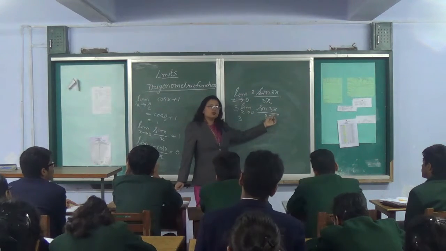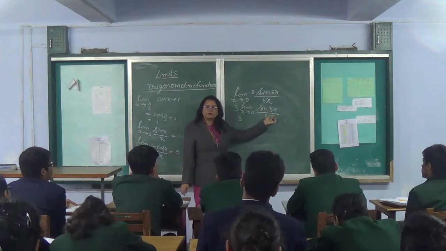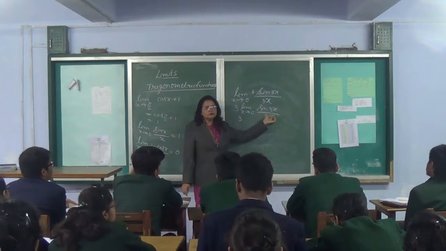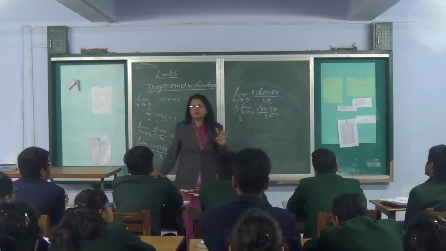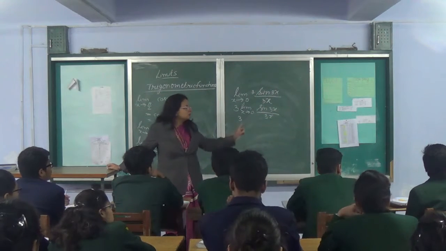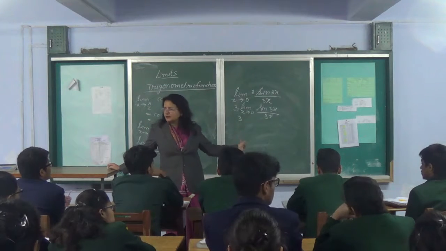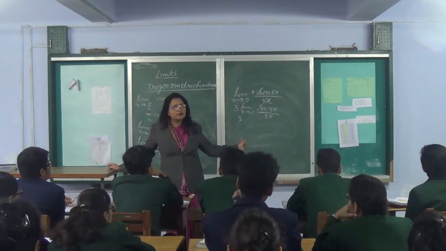And please be careful while doing the question that what is the measure of this x in all the cases? Radian. Yes. This x, see, when we talk about trigonometric function, these angles are always in terms of radians, right?